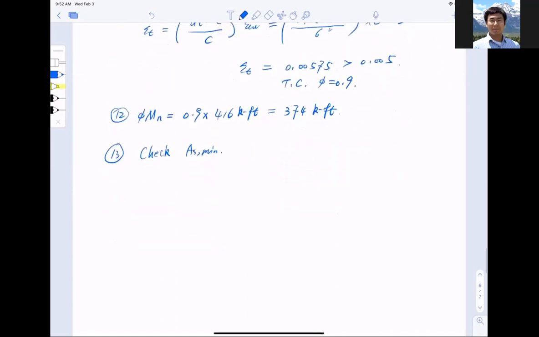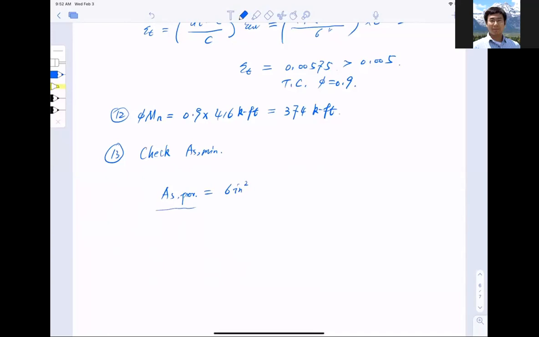My minimum reinforcement. So what is my reinforcement provided? As provided equal to 6 inch squared. So wait a minute, Bob, you have compression reinforcement, didn't you forget? No, when I say check the minimum reinforcement, I mean only the tension.